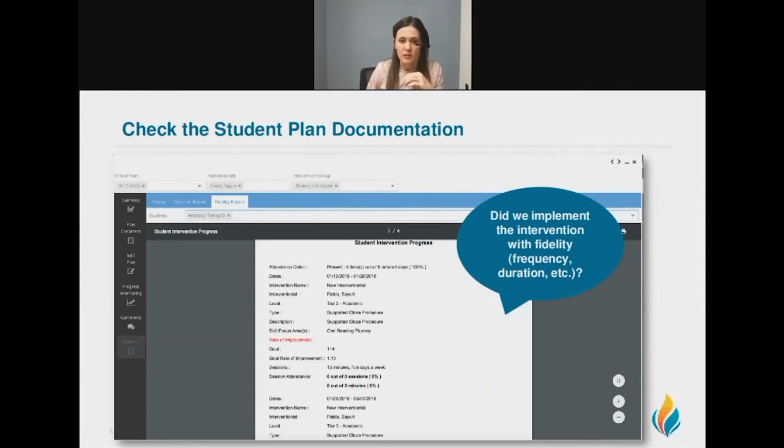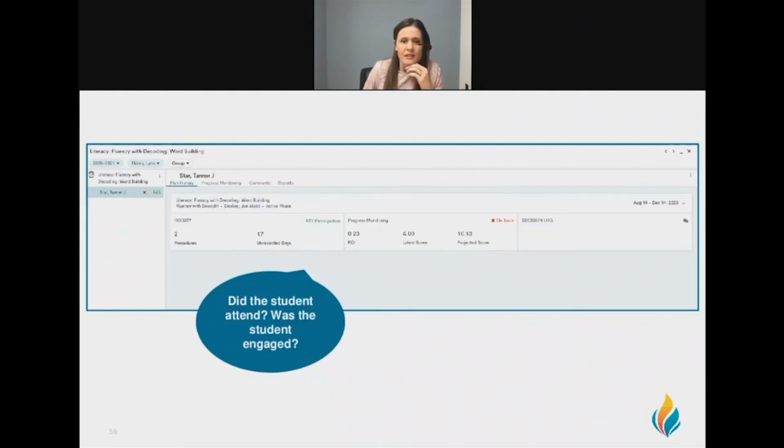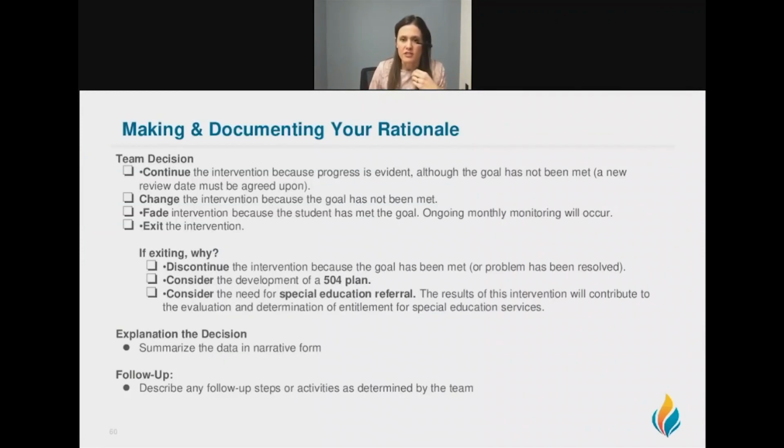And this is an example of a printout that we have. And if we are seeing that we're not implementing the intervention, why not? We also want to make sure that the student was attending and that they were engaged. So recording all of that information during the intervention sessions is really important. And then, of course, making and documenting your rationale.